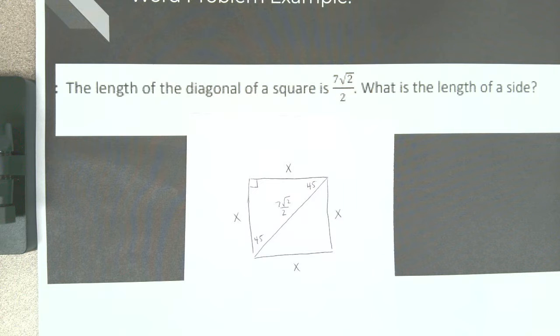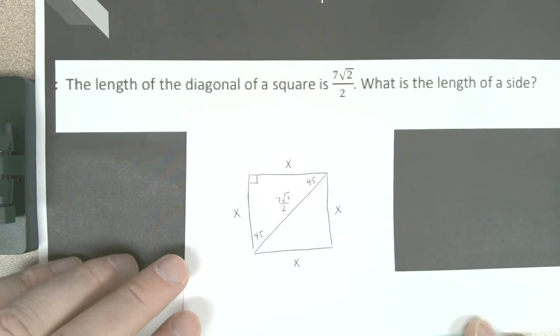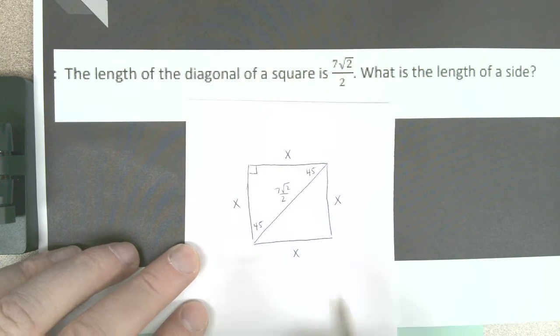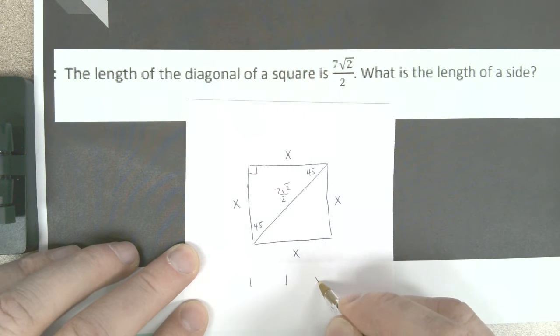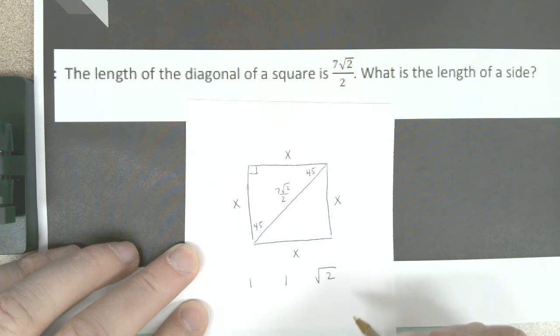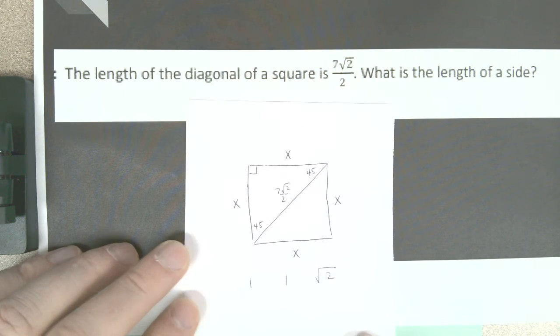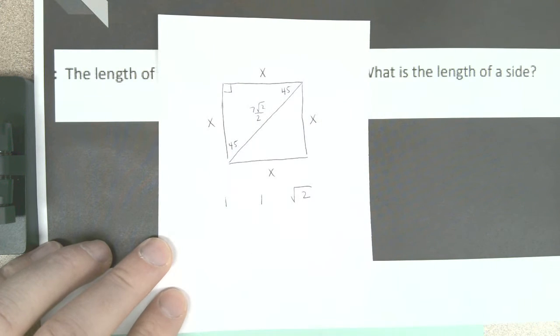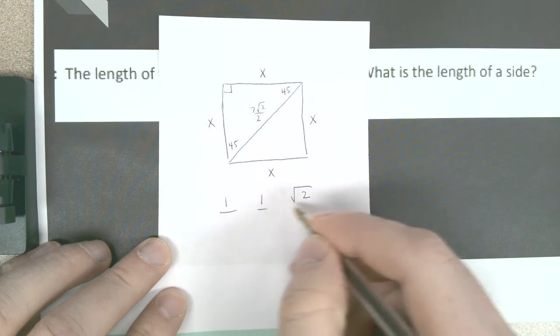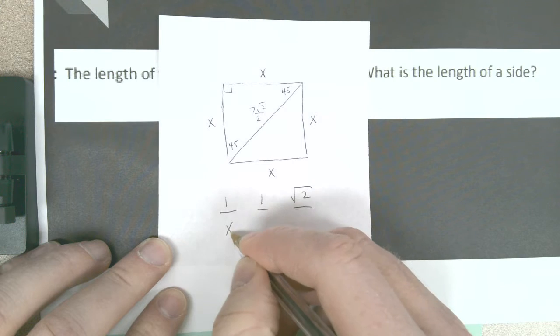So I have the hypotenuse, much like we just did on our warm-up. We know the ratio is 1 to 1 to the square root of 2. So if I fill in what I know, the sides are going to be my x's.